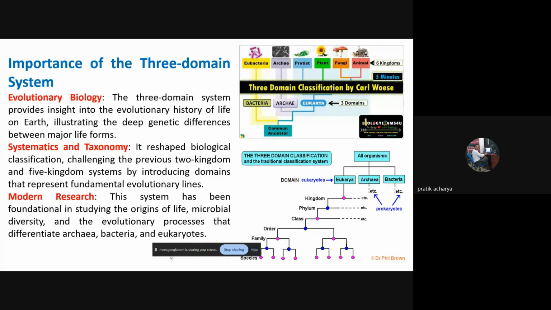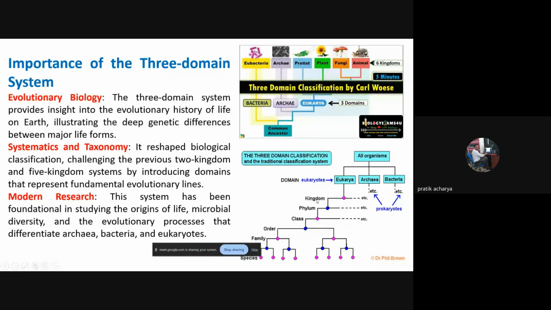We can get an idea of everything from the three domain system. Here on the right side you can find the marks. Bacteria and archaea are the simplest groups of organisms. That's why so many divisions are not found. But in eukarya, you get different kinds of divisions due to their complexity.